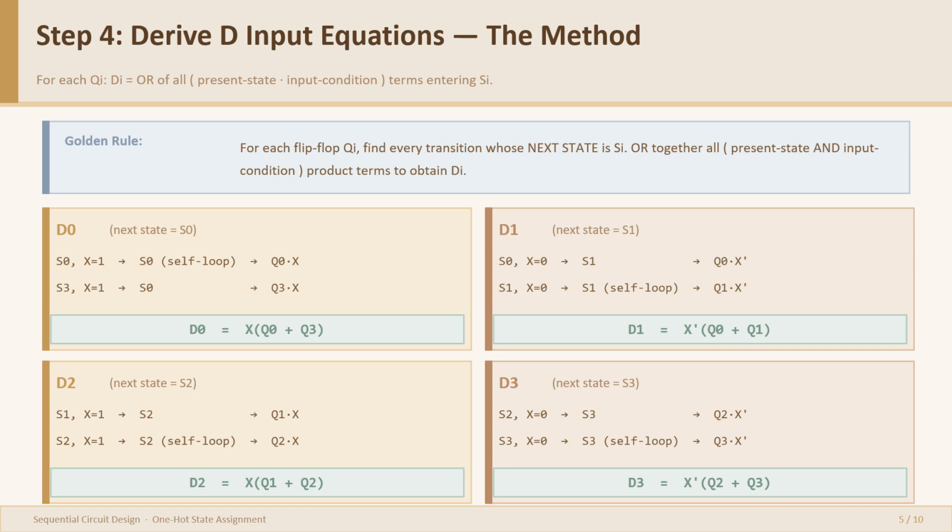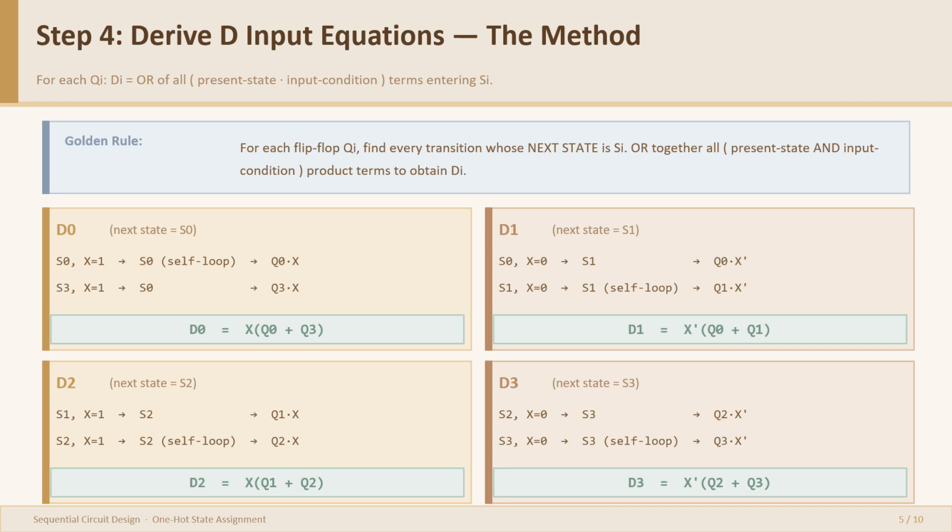D0: we want to find every transition whose destination is S0. First, the machine is already in S0, meaning Q0 equals 1, and the input X equals 1.